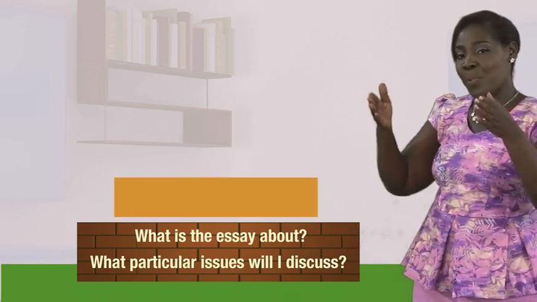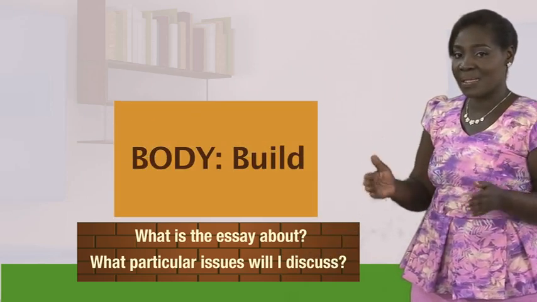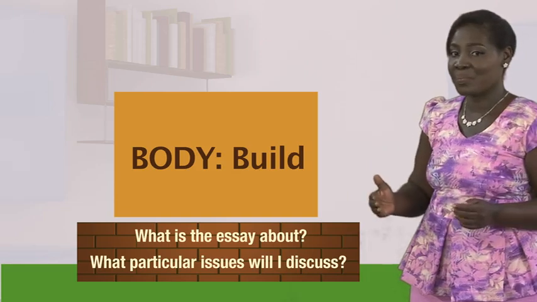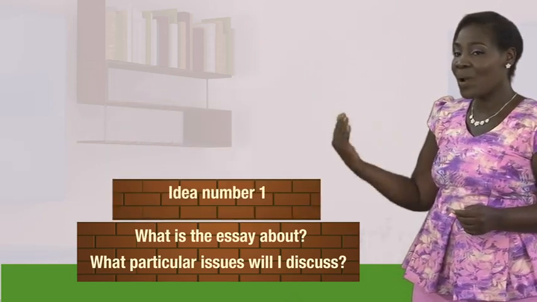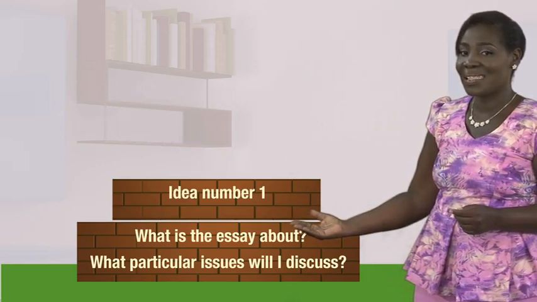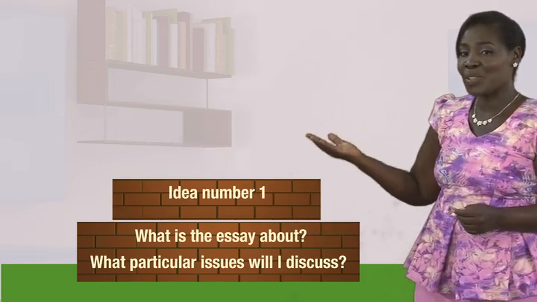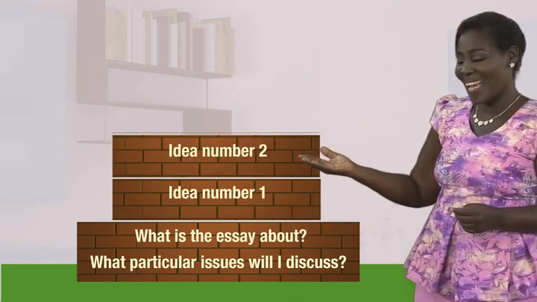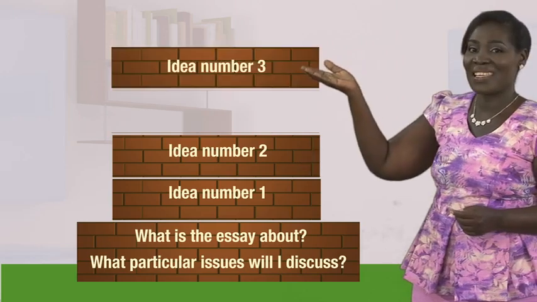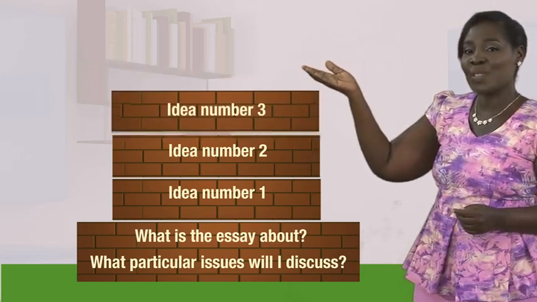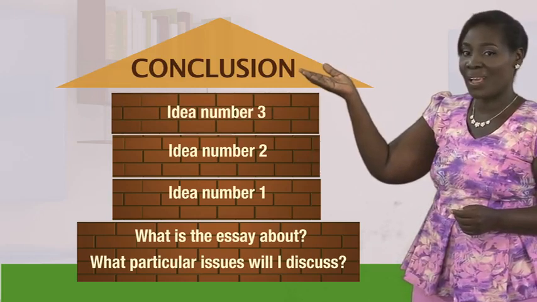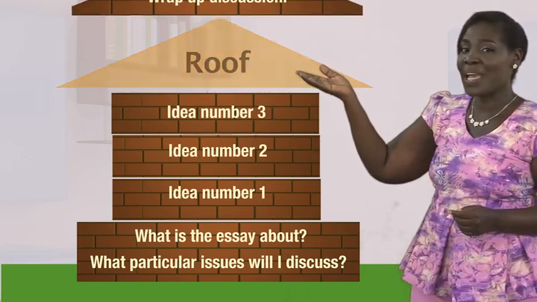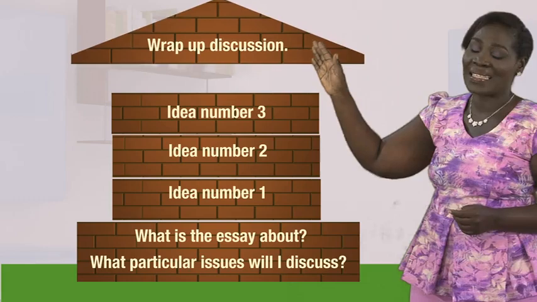Then we'll move on to the body of the essay by building. Here we have idea number 1, idea number 2, idea number 3. Then we come to the conclusion, the roofing of the building. Here we wrap up the discussion.